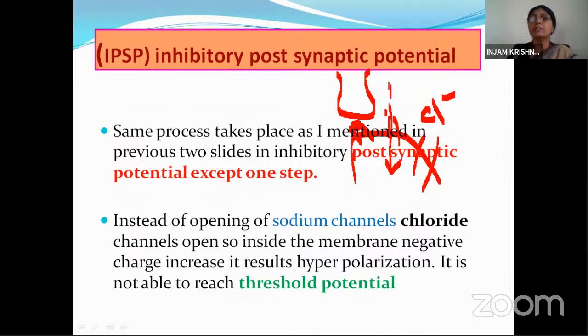Sodium is a positive ion; chloride is a negative ion, and the negative ion channel has opened. So an influx of chloride ions has taken place, and chloride ions enter inside more and more.